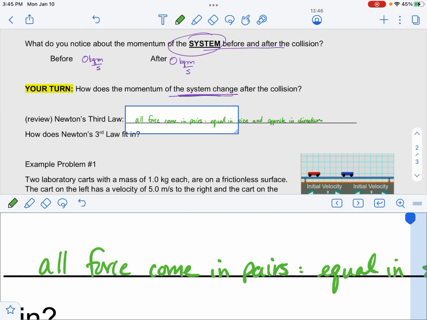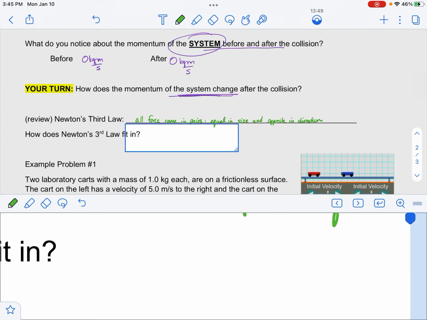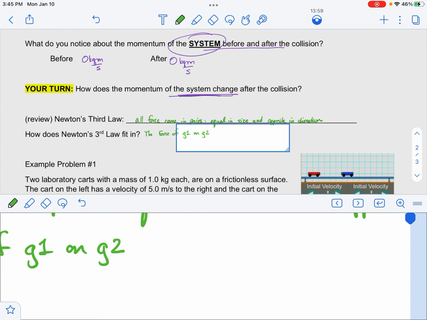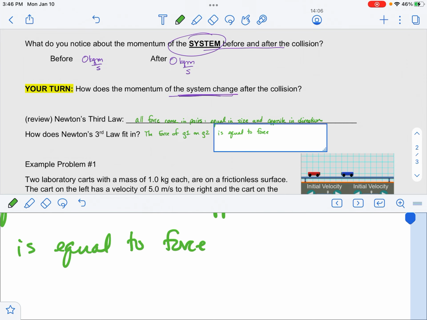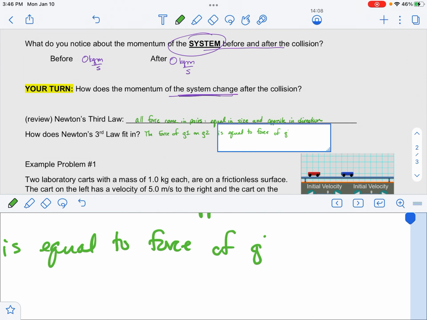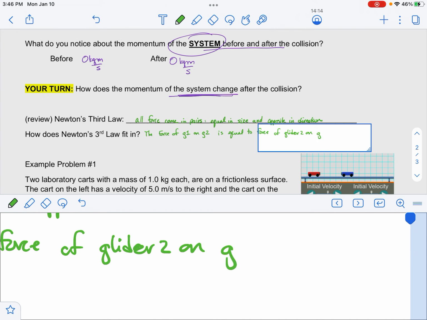Forces come in pairs. How does that fit into this momentum and impulse stuff? The force of glider 1 on glider 2 is equal to the force of glider 2 on glider 1.